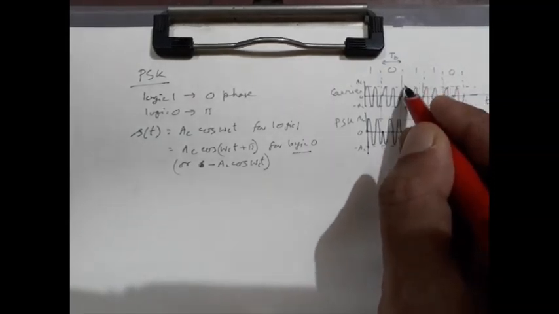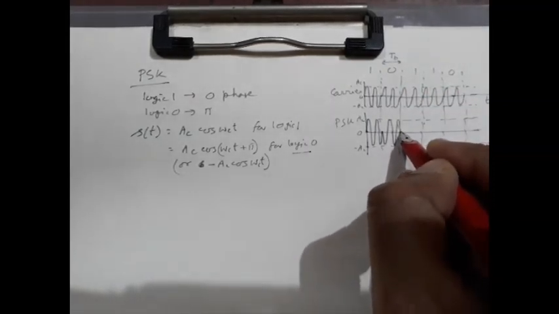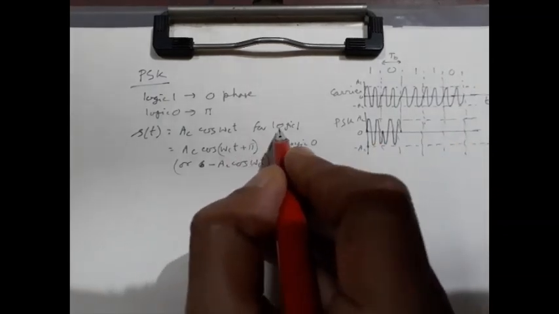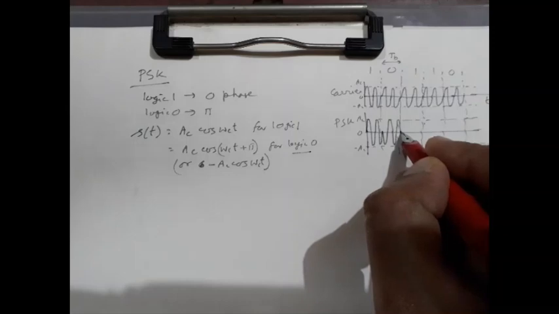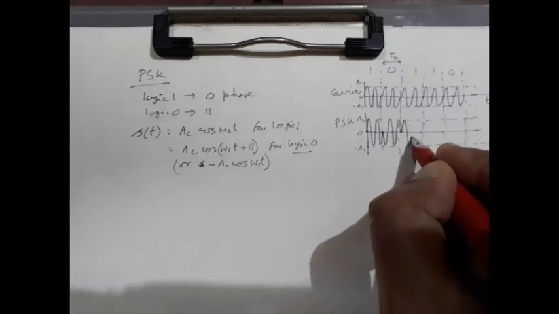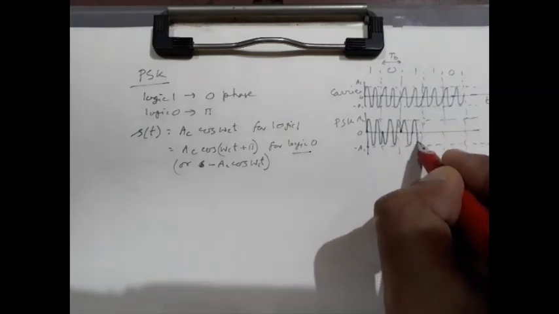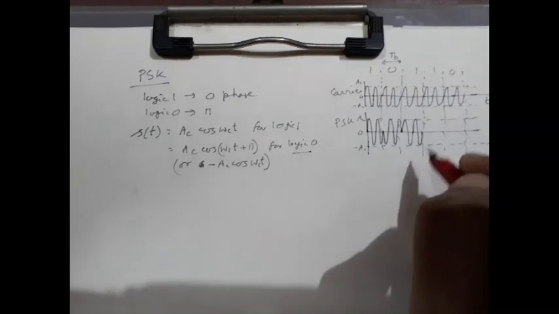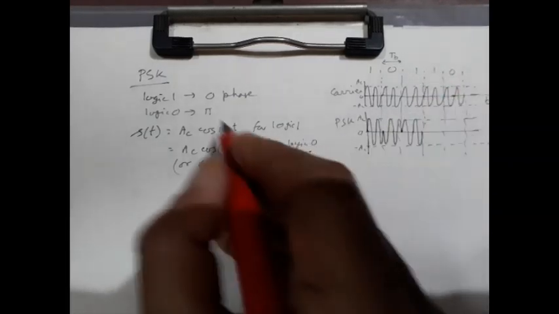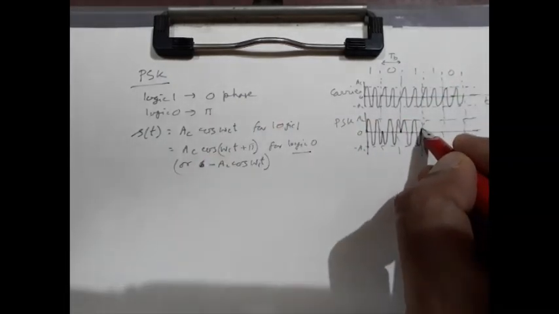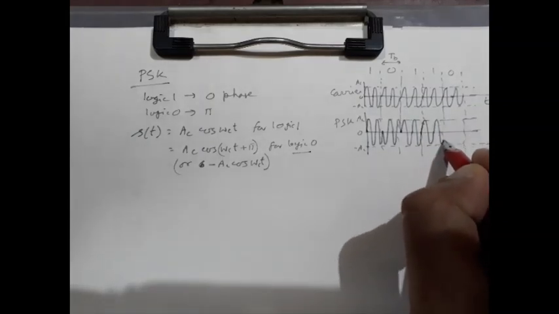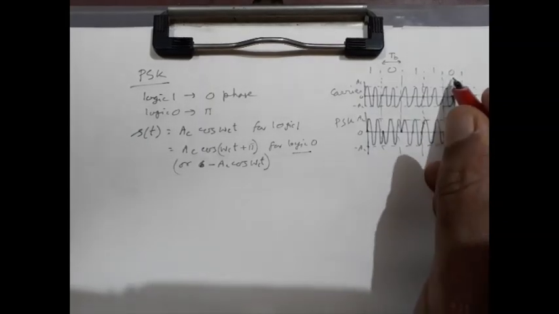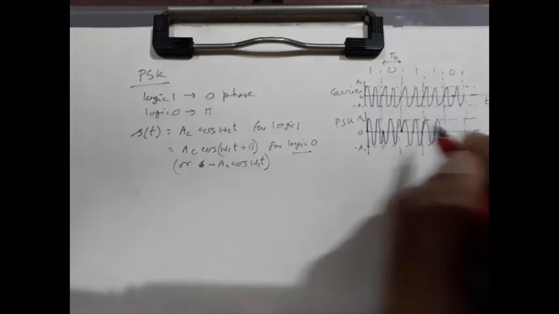The next bit is 1, so it will immediately change to 0 phase. So again it will start in this way. The next bit is 1, meaning 0 phase, so it will continue. This one is 0, so it will start from pi phase.